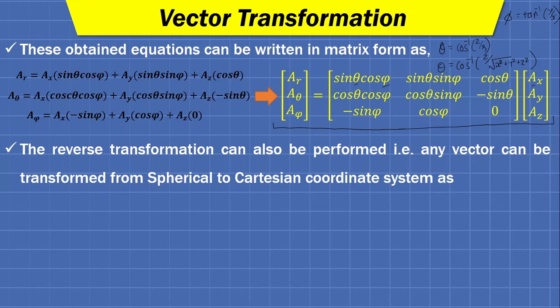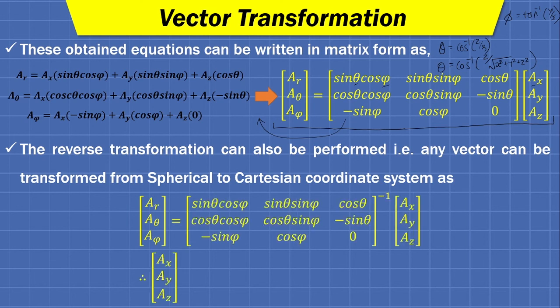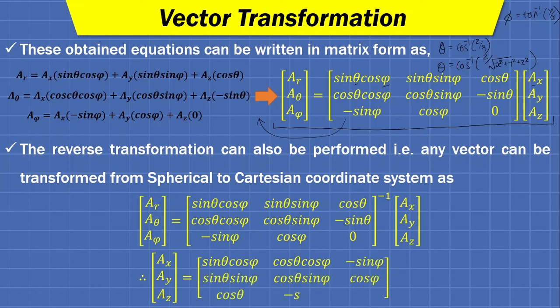For that, this 3 cross 3 matrix goes to the other side of the equal sign and becomes an inverse. Our equation finally becomes A_x, A_y, A_z equal to the inverse of that matrix multiplied by the known A_r, A theta and A phi.